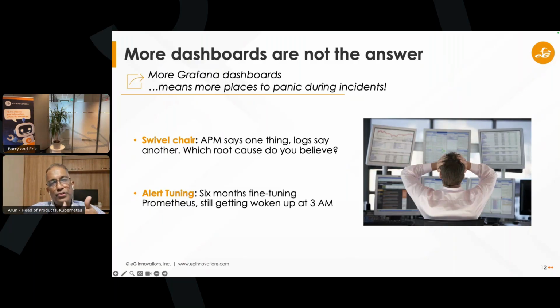Dashboards don't stitch context. The tools that gather in the logs, metrics, traces, and events, as we'll look into in this demo, those stitch the context, and then the context is surfaced in dashboards.